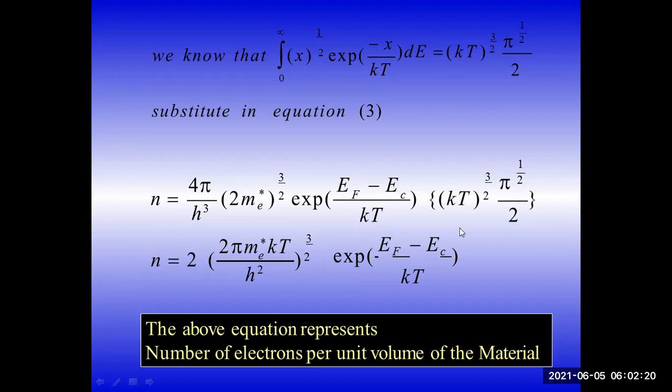So whatever is remaining, this is the number of electrons which are present inside the conduction band per unit volume. In the same case, what is the number of holes inside the valence band?